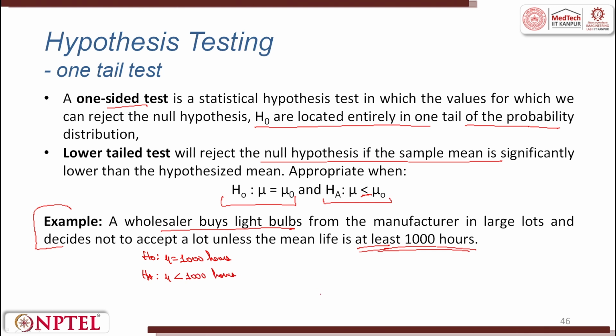That means if mu is less than 1000 hours, he rejects H naught and accepts H alternative. What is H alternative here? That he will reject the lot, or does not accept the lot. This is a lower tail test.